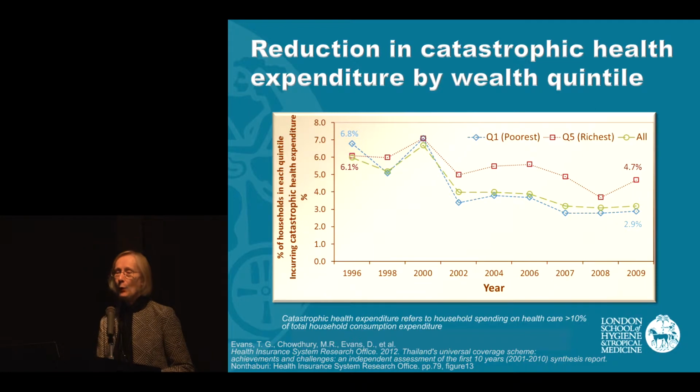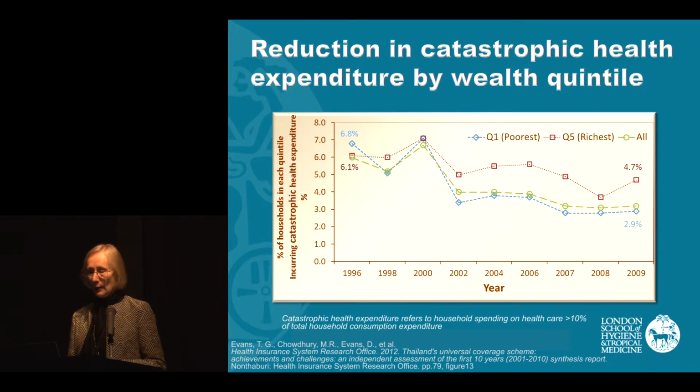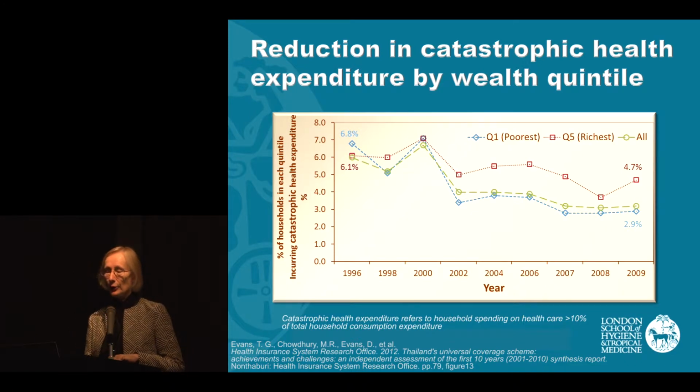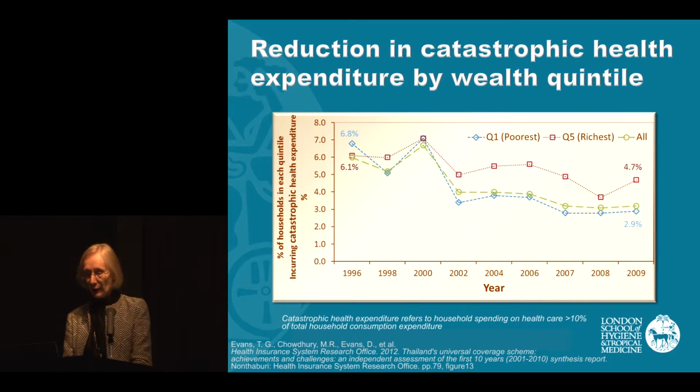And then also important, analysis of the change in catastrophic health expenditure. Here, catastrophic health expenditure is household spending on healthcare that exceeds 10% of total household consumption expenditure. So this shows the proportion of households in each socioeconomic status quintile incurring catastrophic health expenditure.